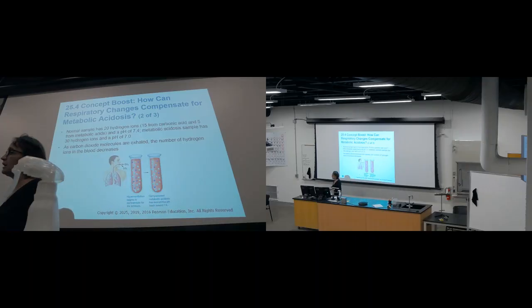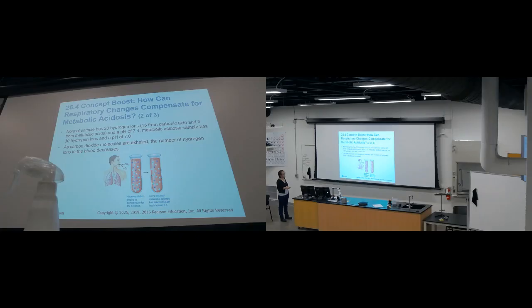And then your kidneys also will respond by eliminating excess of hydrogen ions. So ultimately, you will have hyperventilation, you get rid of CO2, and those levels of acids, the hydrogen ions, will become lower, bringing back your pH to 7.35 to 7.45, which is the normal pH. So as carbon dioxide molecules are exhaled, your number of hydrogen ions will decrease.